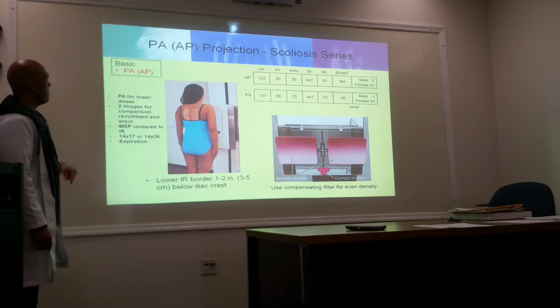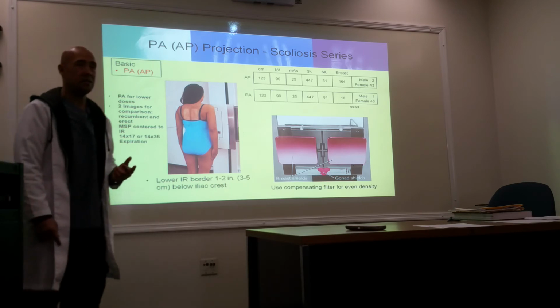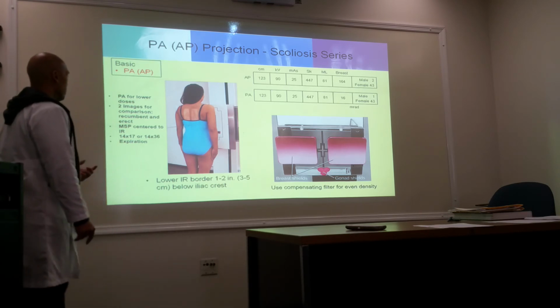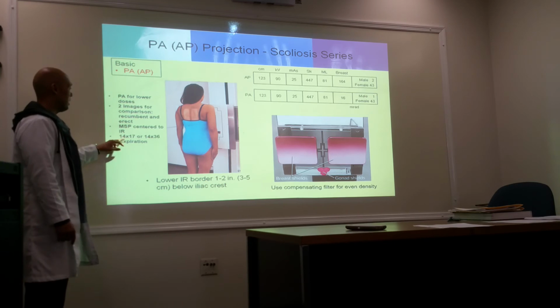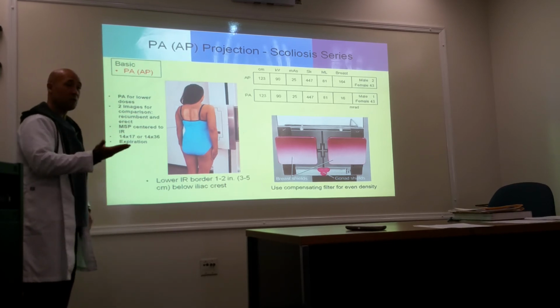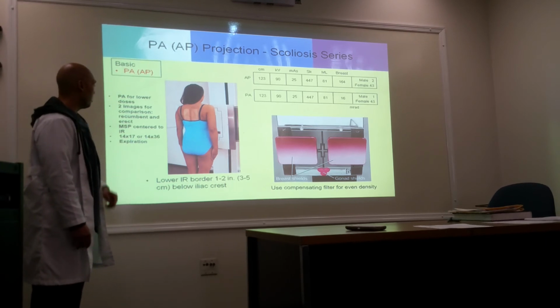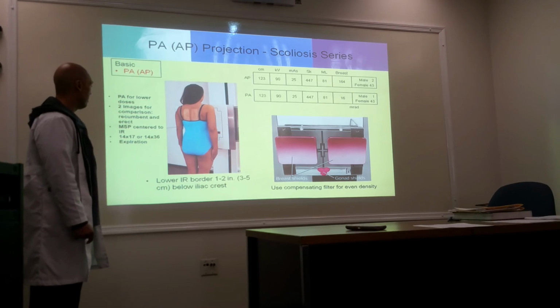In a PA or AP projection, generally 2 images are done for comparison, one recumbent and the other one erect. They usually use a larger image receptor, and the lower border of the image receptor should be about 1 to 2 inches below the iliac crest.